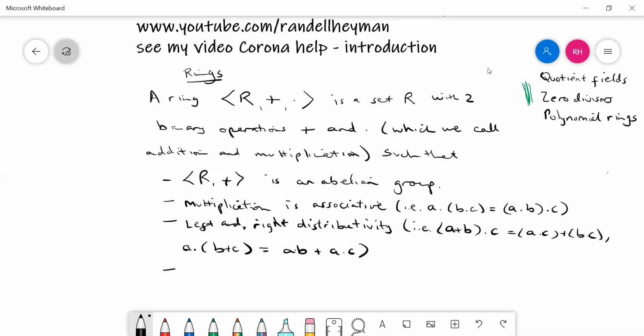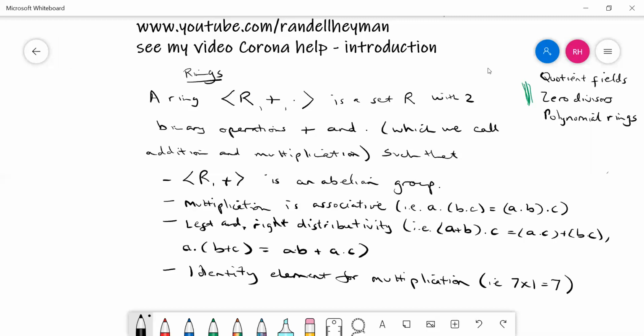Now, here's one of these awful problems in mathematics where there's vagueness about what a ring includes and doesn't include. So in some cases, people will insist on an identity element for multiplication. I.e., in the case of the integers, there's this special number 1, 7 times 1 equals 7, that leaves the number, whatever number you put there, unchanged.